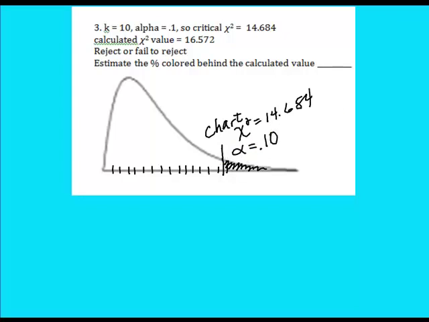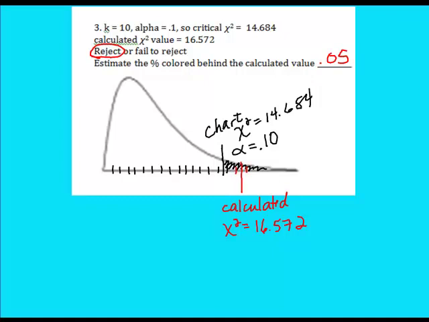The calculated value here, already calculated for you, is 16.572. And you can see that that is in the rejection region. If I had to estimate the percent behind the calculated value, well, if from the black line is 10%, I'd guesstimate about 5%.